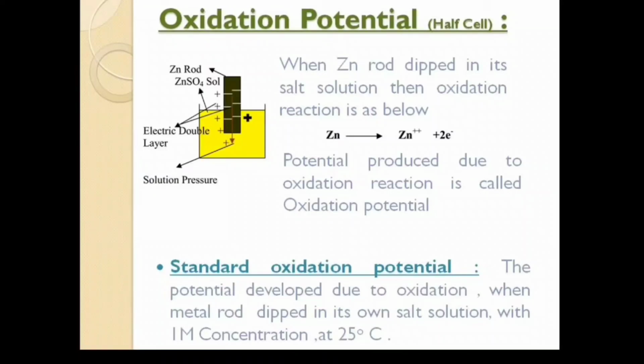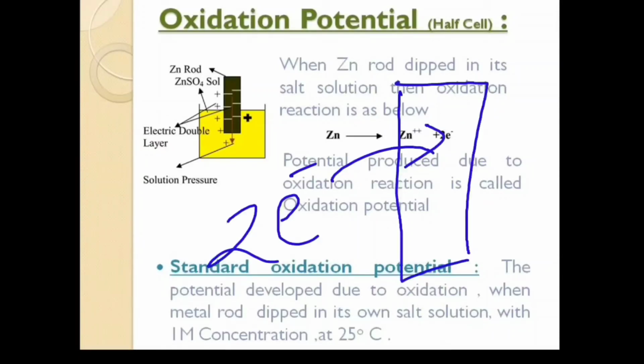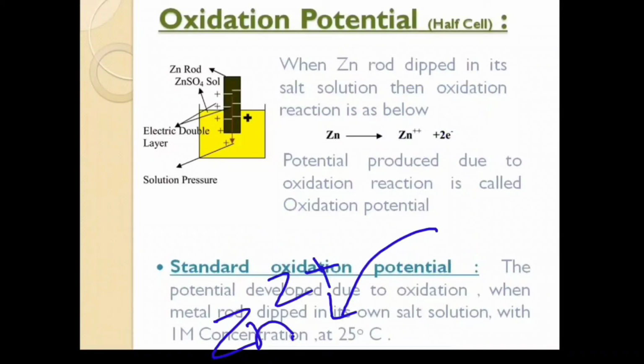So the cell reaction occurs here as Zn gives Zn2+ plus 2 electrons. As you know, this is loss of electrons, that is nothing but an oxidation reaction. Now due to this oxidation reaction, what happens? The 2 electrons get left on the rod, whereas Zn2+ ions enter into the solution.